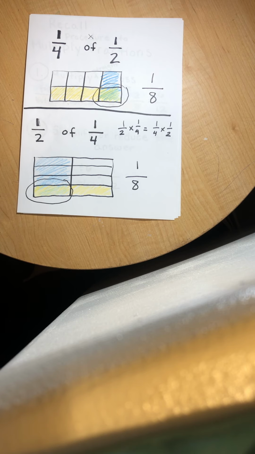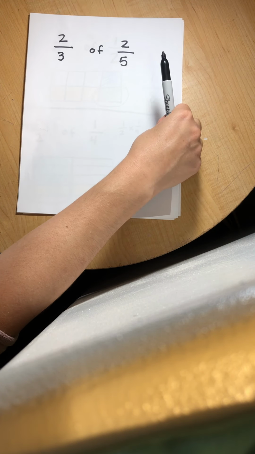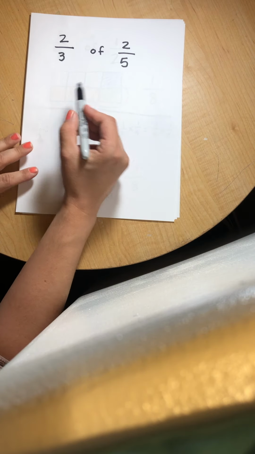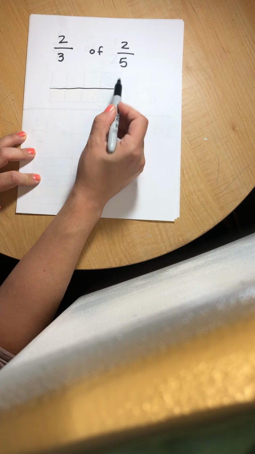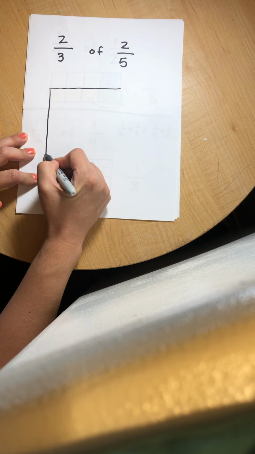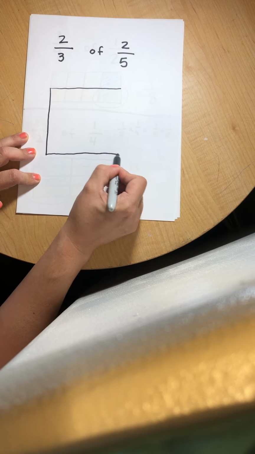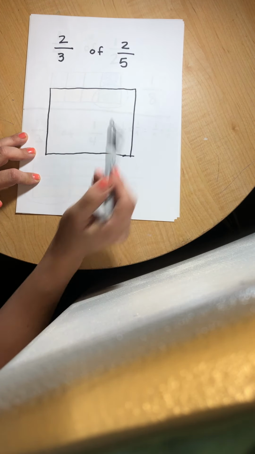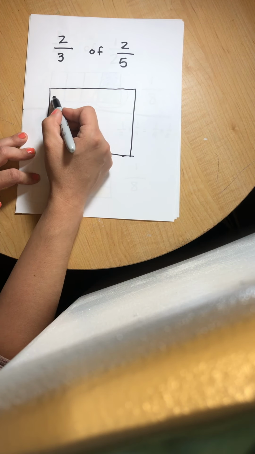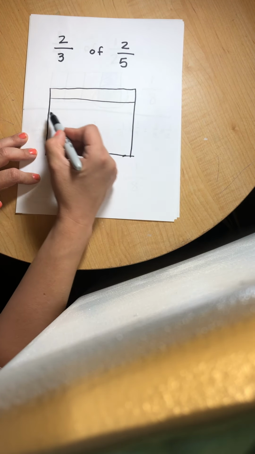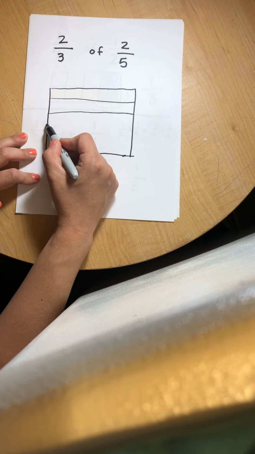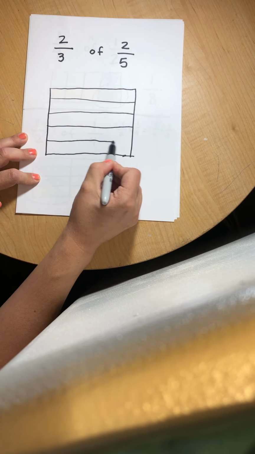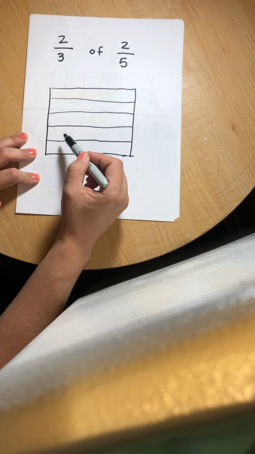Let's look at one more. 2/3 of 2/5. So let's draw a whole. We're going to split it into fifths. One, two, three, four, five.